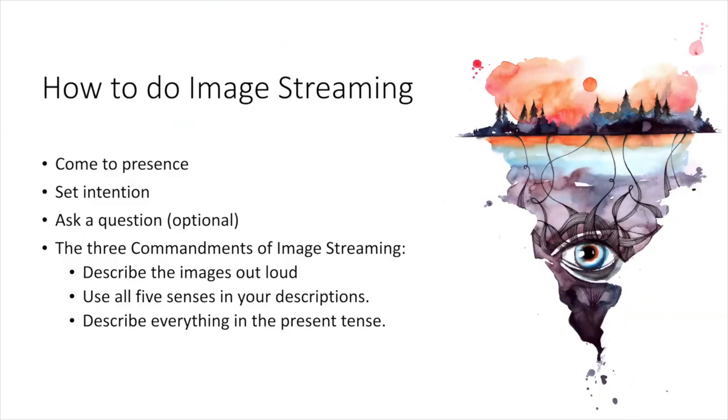What is the process for image streaming? This is a very simple process. It starts with simply coming to presence, and letting all thoughts go of any projected future you might understand to be in front of you, and especially letting go of any memories that are troubling you in this moment.